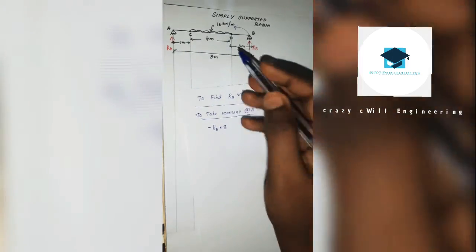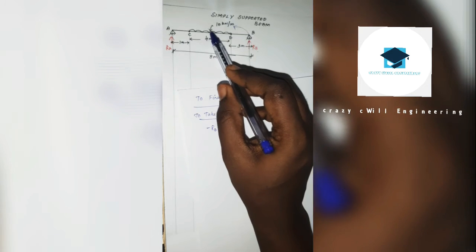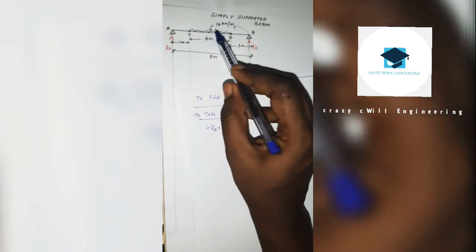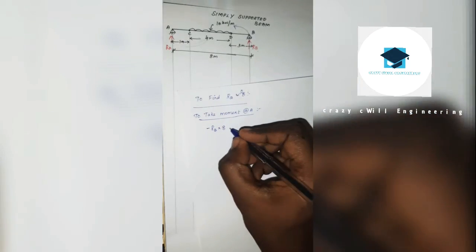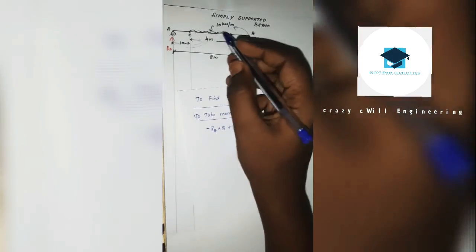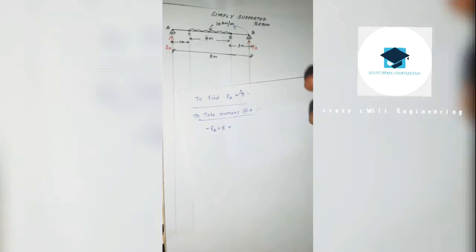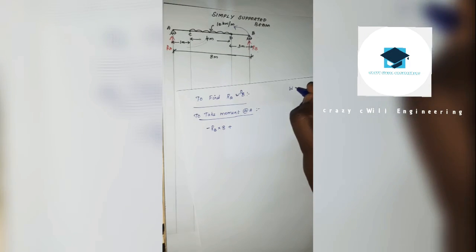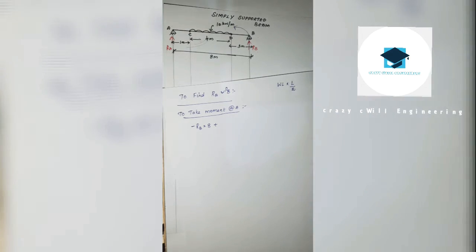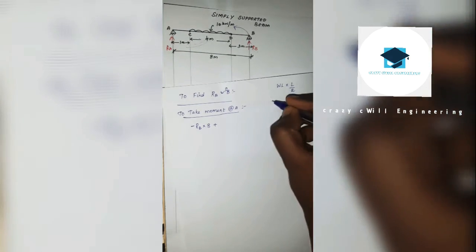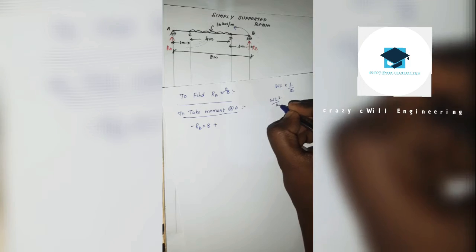Again, the UDL is acting in the clockwise direction towards A, and clockwise means positive. What is the UDL convention for moment? The moment for UDL is W L into L by 2, or written as W L square by 2.